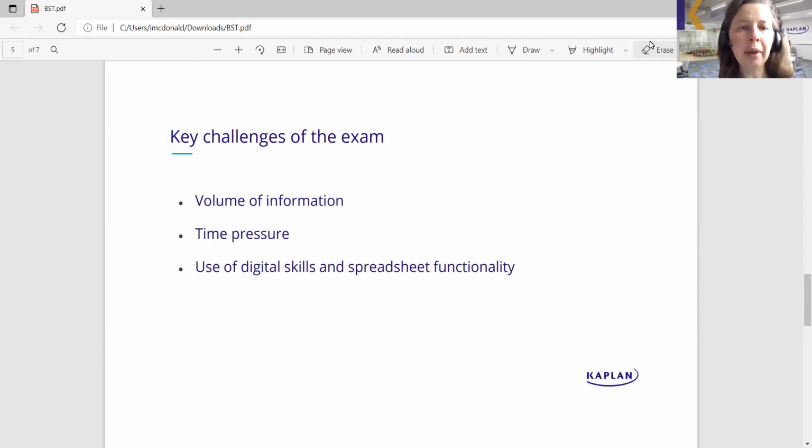So time pressure is going to be fairly intense. In addition, ICAEW has recently introduced digital skills requirements in the exam. So some of you might want to familiarize yourself with those digital skills by looking at Chapter 17 of the ICAEW workbook.